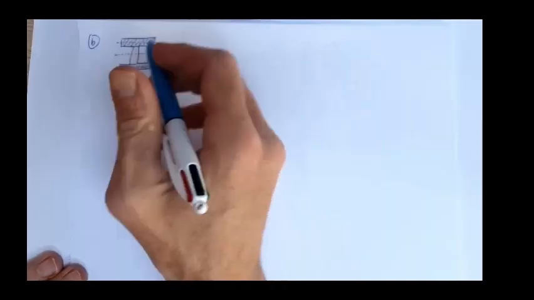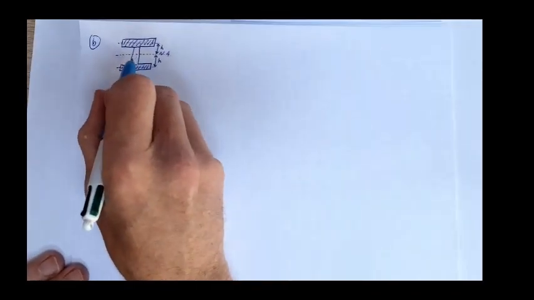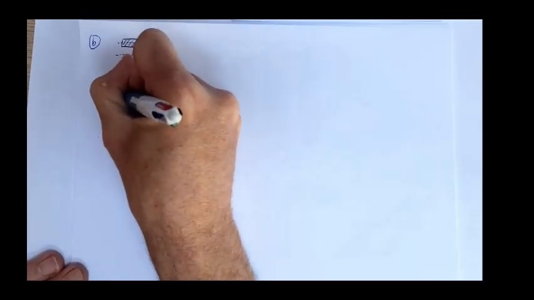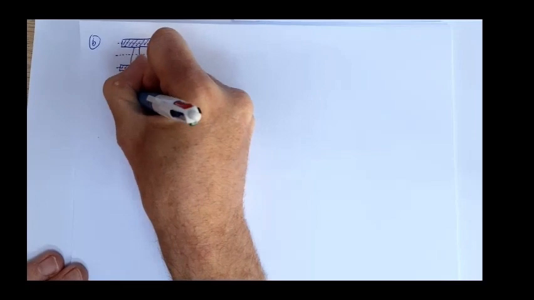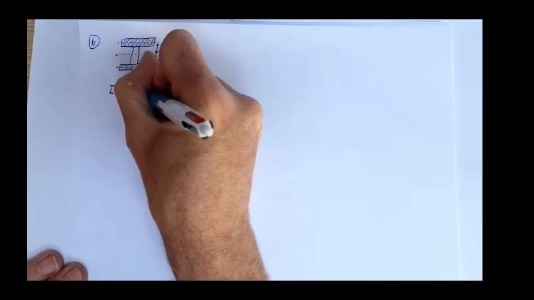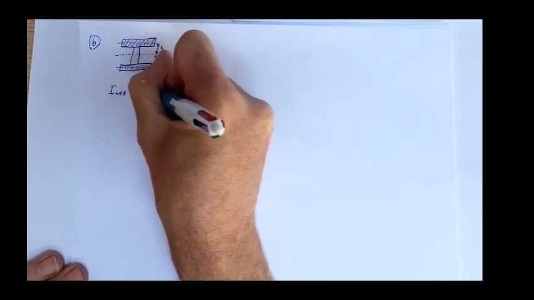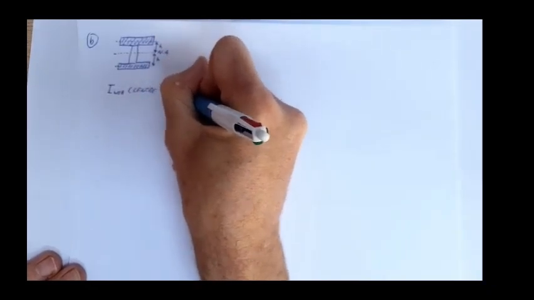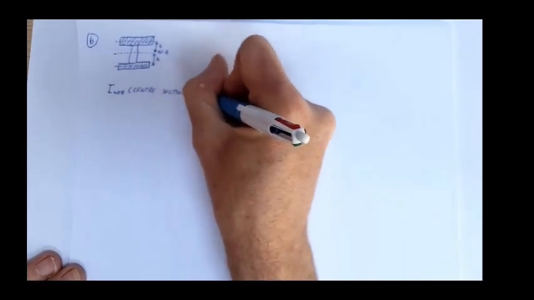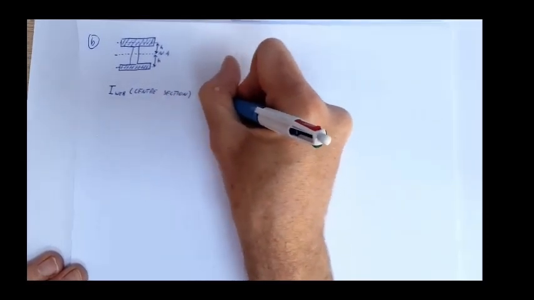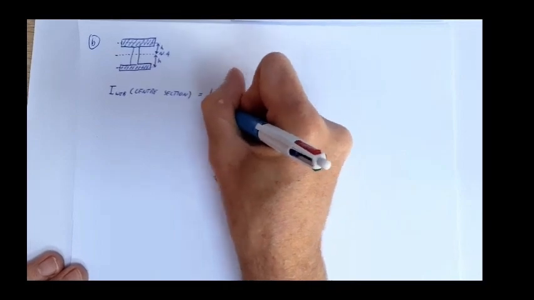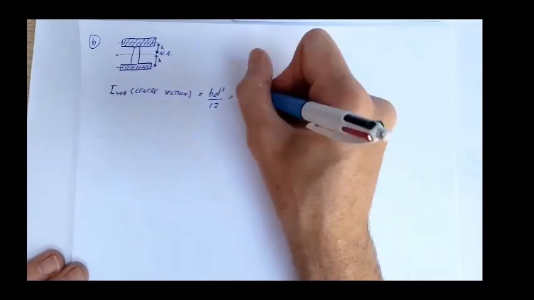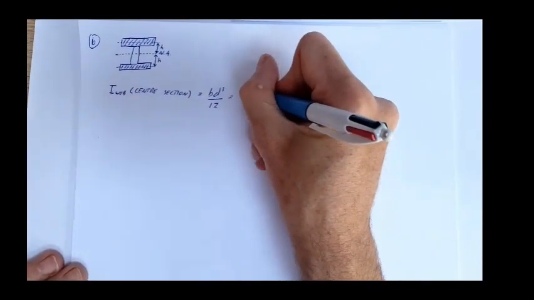Okay, so let's first of all consider this center web. The web is the center section. We're going to consider that as BD cubed over 12. That is 20 mil thick, so 20.